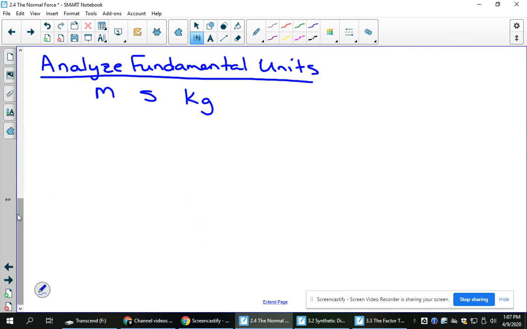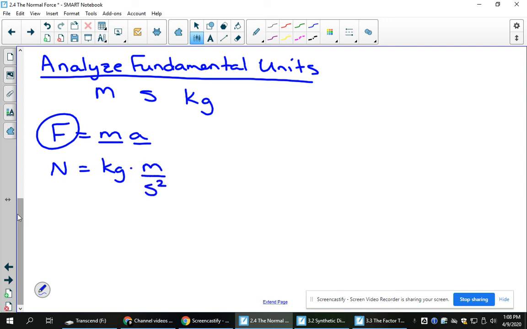So what I actually want to write with fundamental units is what a newton is equal to. So force is something that we measure in newtons because the units of force are actually quite messy looking. So think about what this would be. This would be mass and acceleration. So mass is kilograms, and acceleration is meters per second squared.